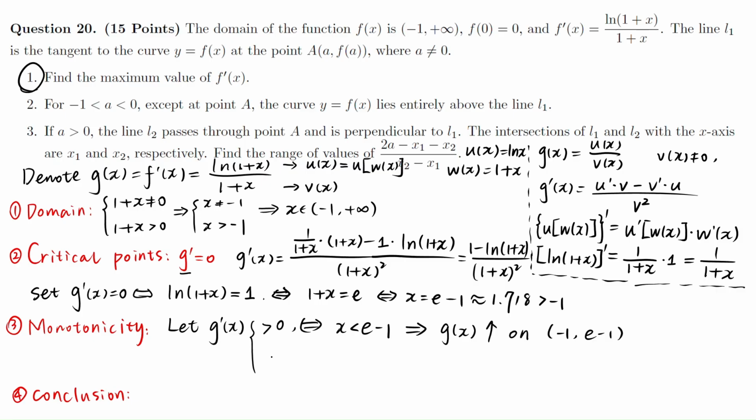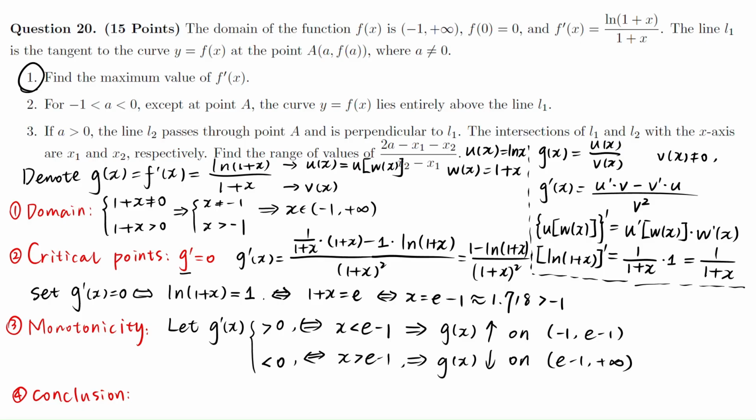And in contrast, when is g prime of x negative, it is equivalent to x being strictly larger than e minus 1, which means g of x is decreasing on the open interval e minus 1 to plus infinity.